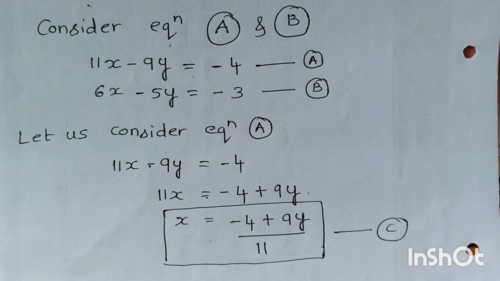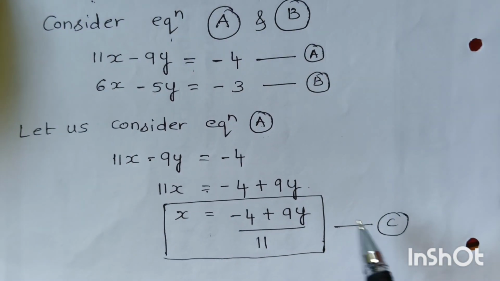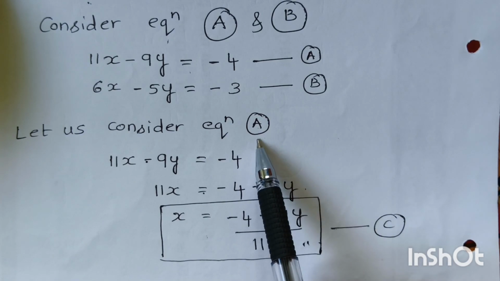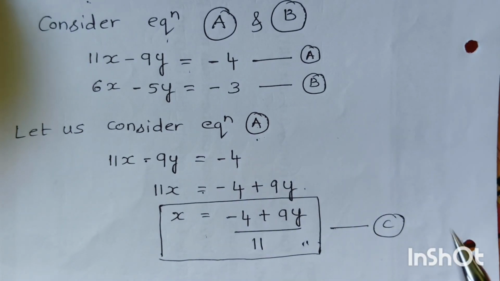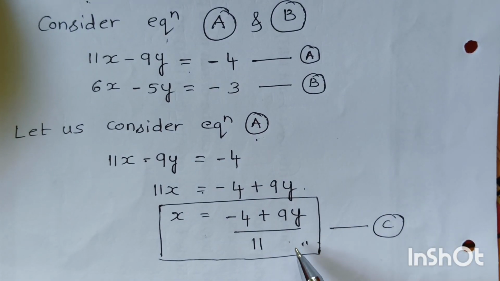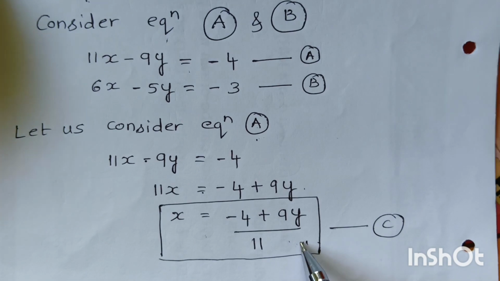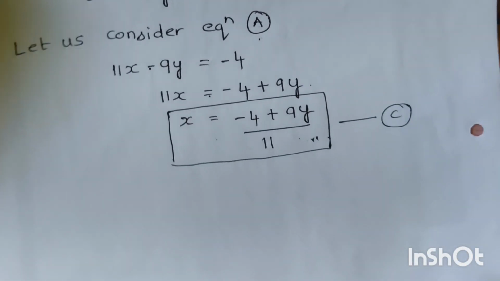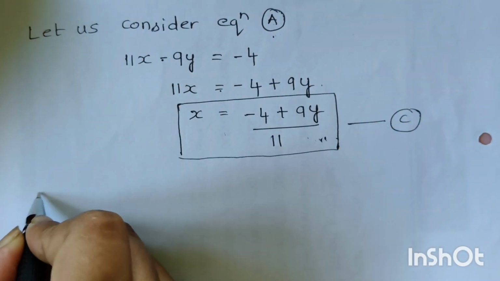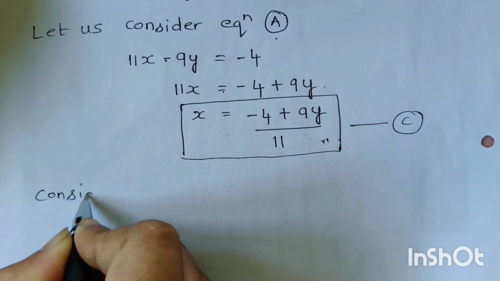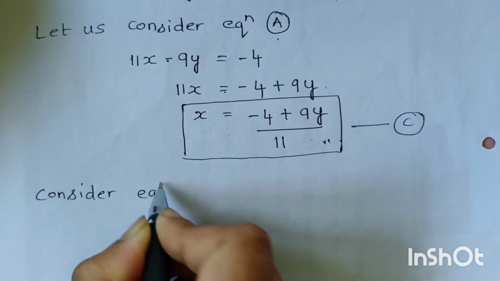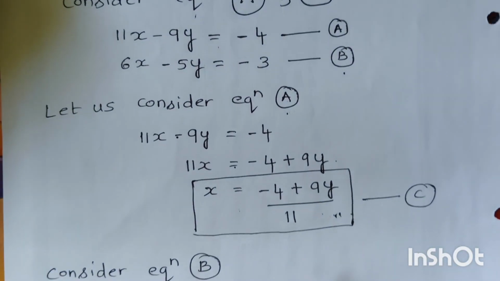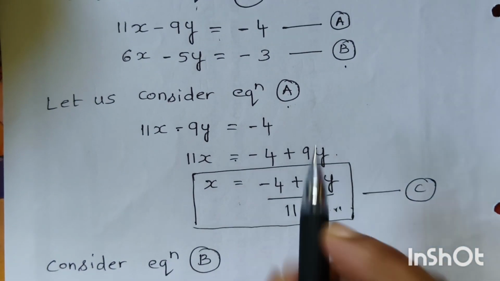Once again I will repeat. Listen carefully. We got this equation C from equation A. Now we have to substitute this equation C, meaning the value of x, in equation B. Consider equation B, that is 6x minus 5y is equal to minus 3.